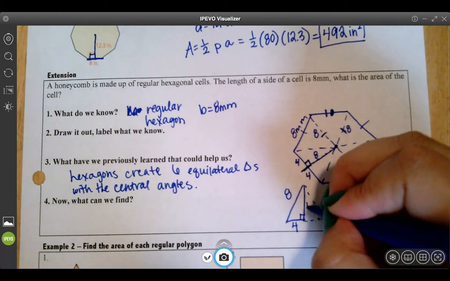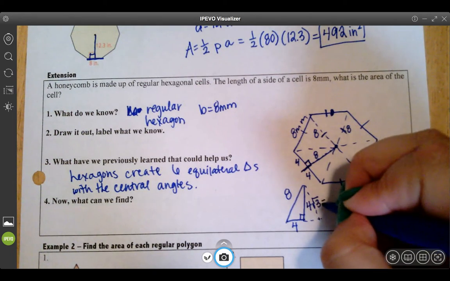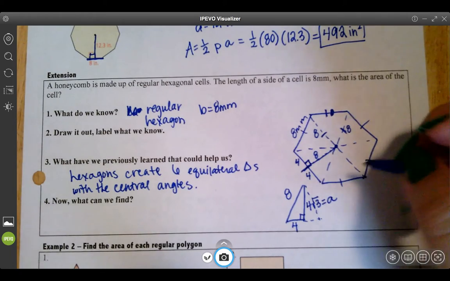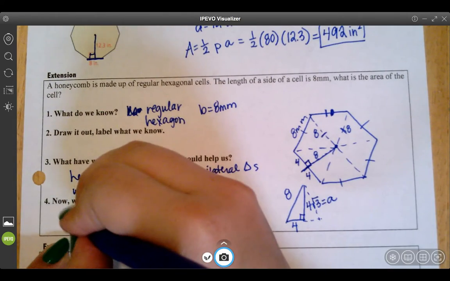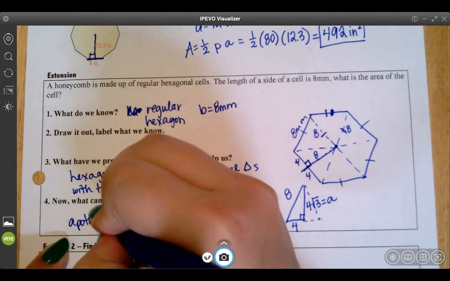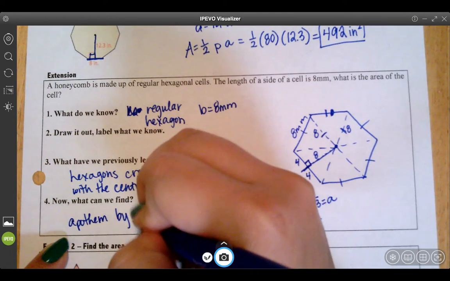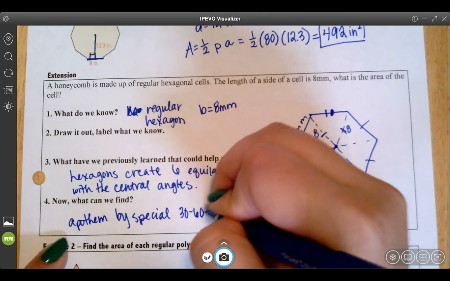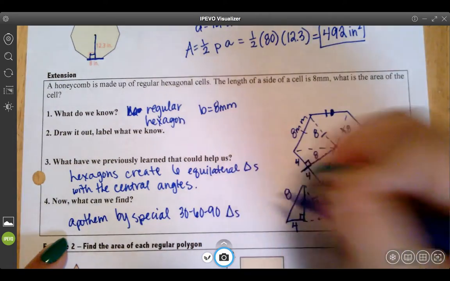This must be 4 square root 3. You can also use the Pythagorean theorem. So we can find the apothem by special 30, 60, 90 triangles.